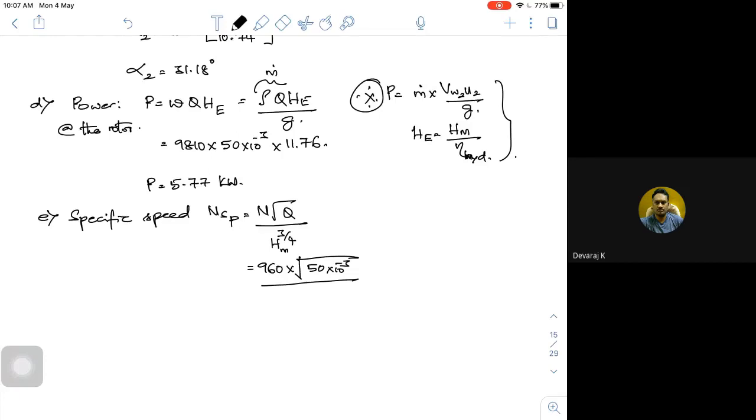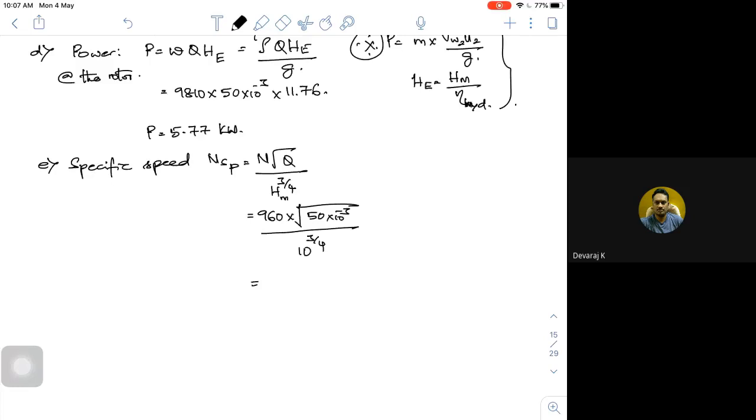So I have to use HM to the power of 3 by 4. Don't use your Euler head. If I substitute, I'll be getting 38.17 RPM. So this is the head under which the pump works. This is your manometric head.